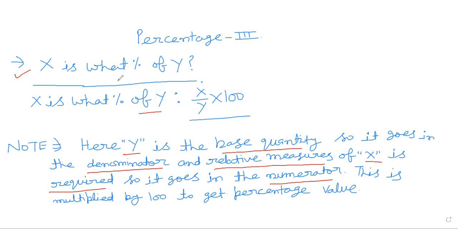So we are finding value of X as in the percent, okay, in percent with respect to Y. We are finding X in percentage with respect to Y. So the base quantity Y will go in the denominator, and value of X in percent is required, so it will be in the numerator, right?